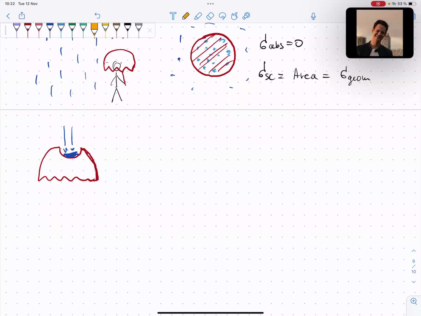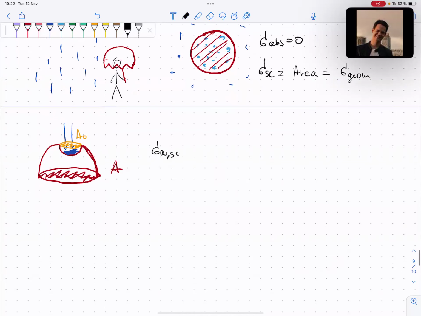For example, the area of this cup is A0, and the area of our umbrella is just A. In this case, the absorption cross section will be equal to A0, and the scattering cross section will be equal to A minus A0.